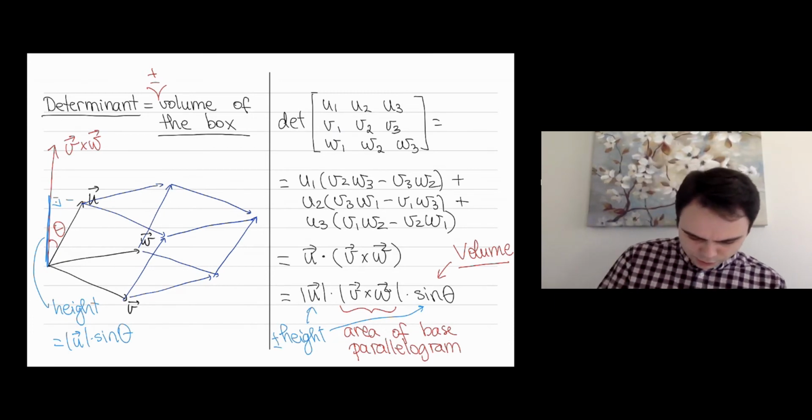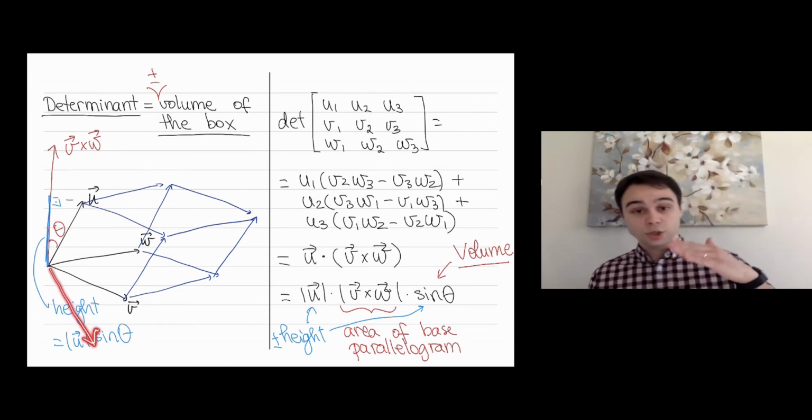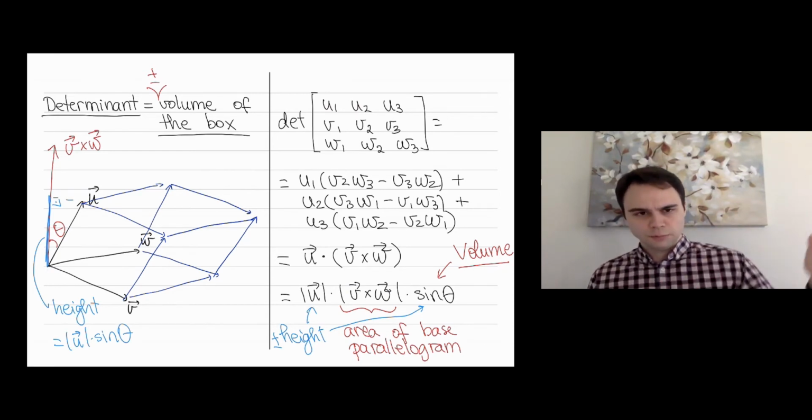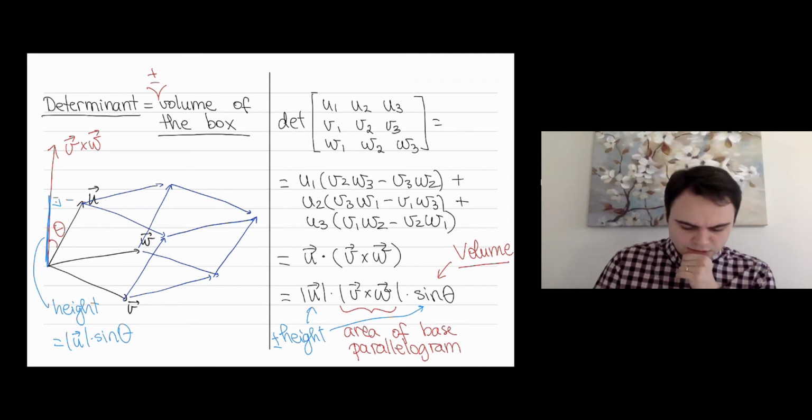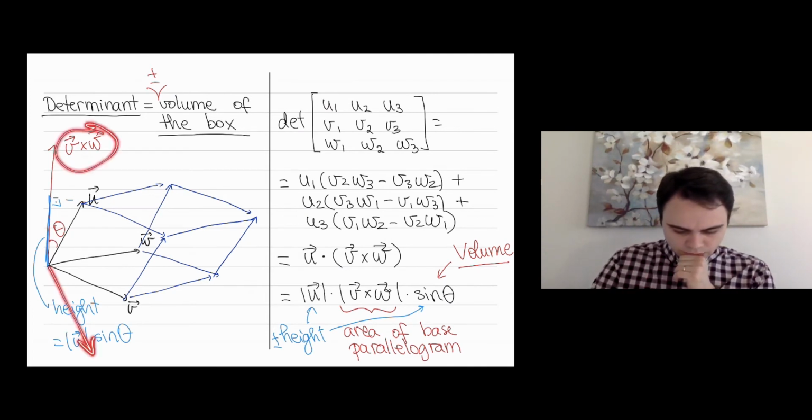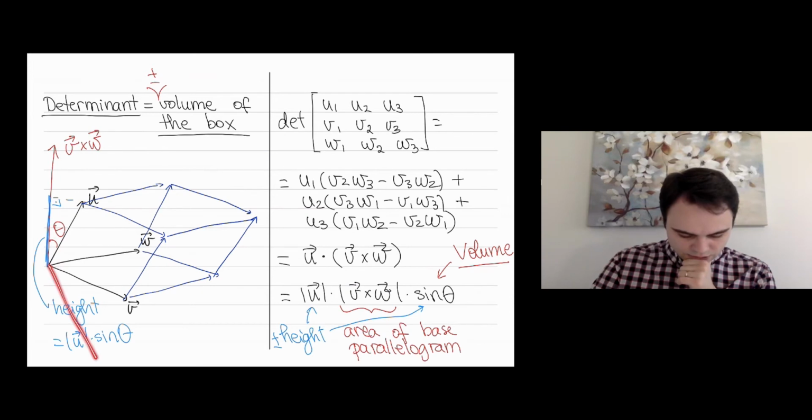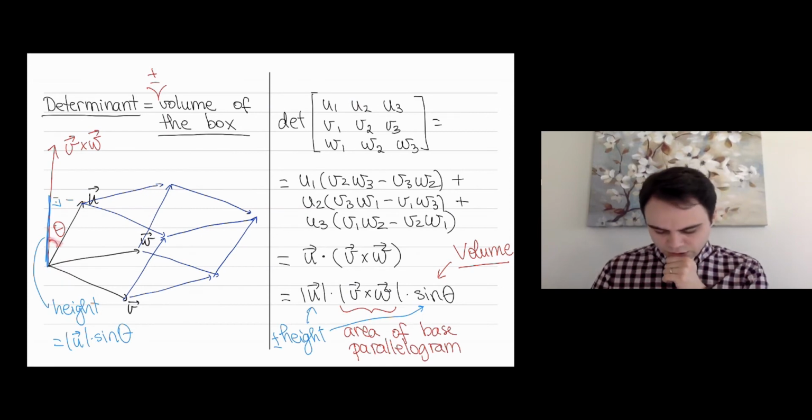So here's the reason. It could be that u was actually pointing down like this. That the vector u was below the plane spanned by v and w rather than above it. Right? It was on the other side of this plane when compared to v cross w. So if that would happen, the angle that appears in the cross product would be this whole big angle over here instead of this little angle that I have in the picture.